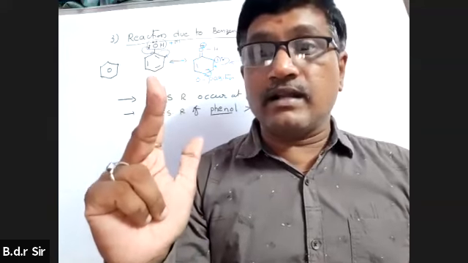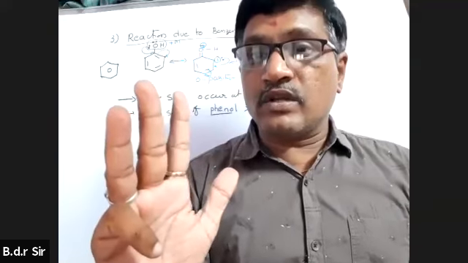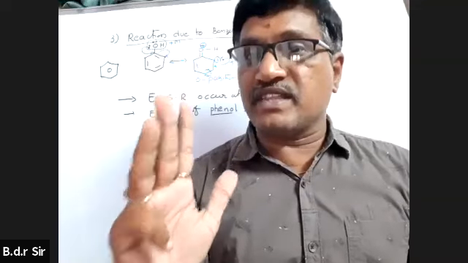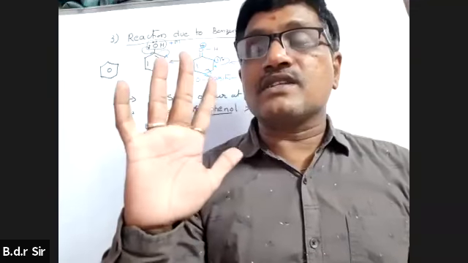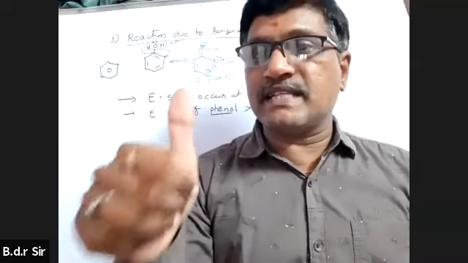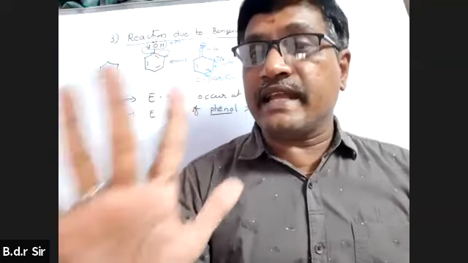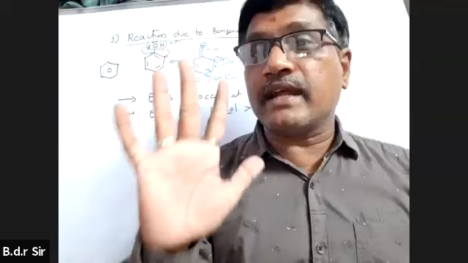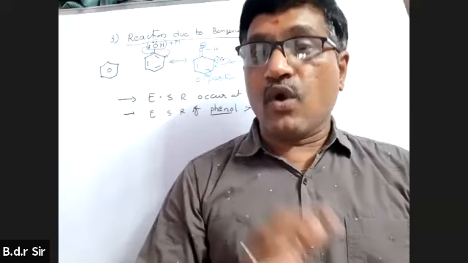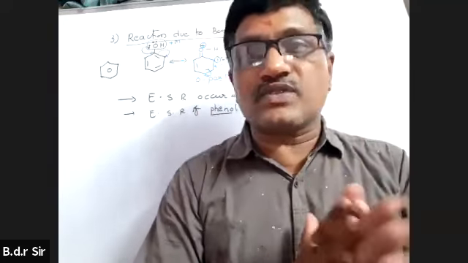Another one, phenol. Next, anisole, that is methoxybenzene, which is one type of ether. Last one, aniline. I repeat: benzene, chlorobenzene, phenol, anisole and aniline undergo electrophilic substitution reactions. Okay, what are the examples of electrophilic substitution reactions?